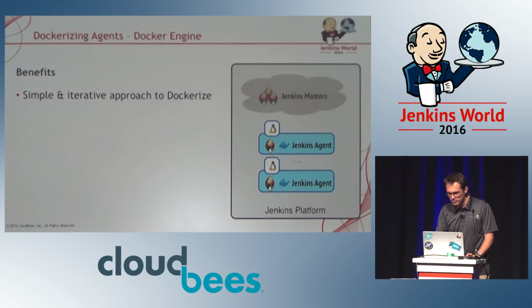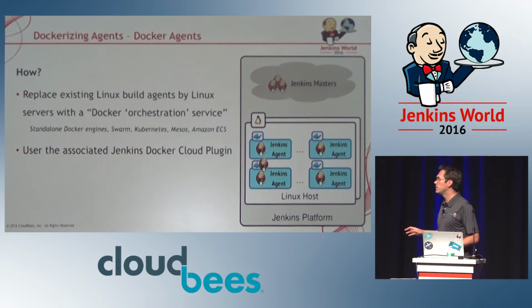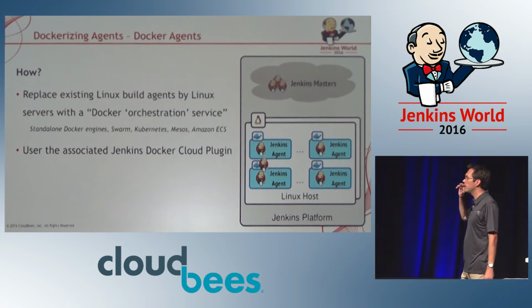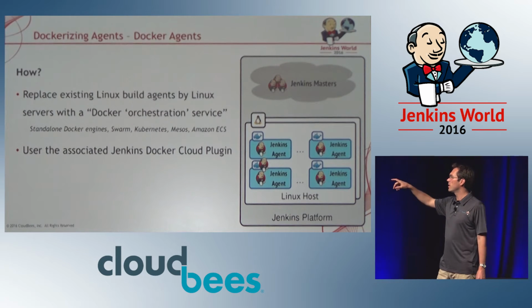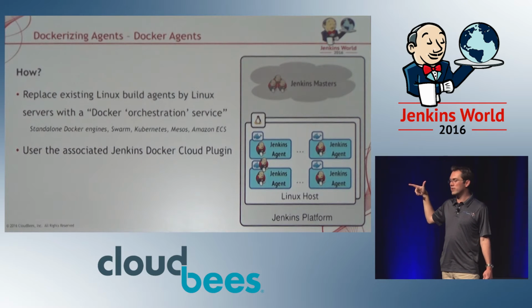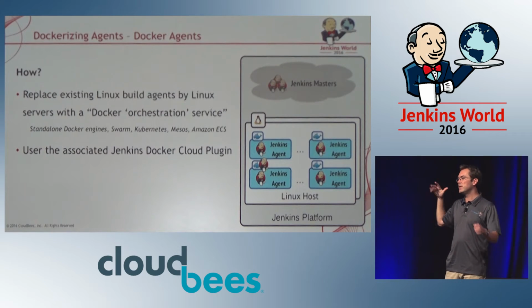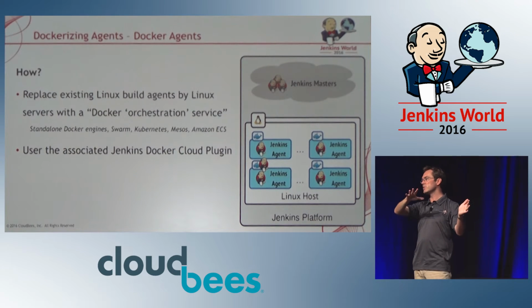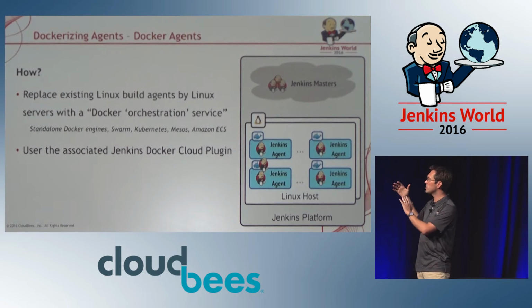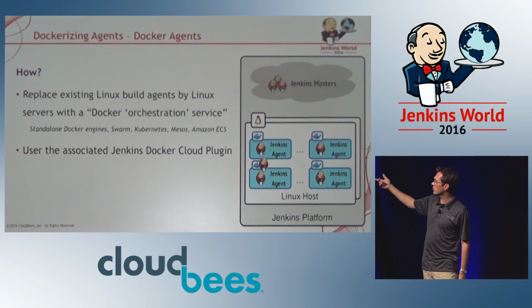Now we are going to look at the second approach, which is to replace the existing Linux agents with Linux servers with a Docker orchestration service. Typically here you have all your existing agents, and you will introduce some new agents, some new hardware, which will have an orchestration service.